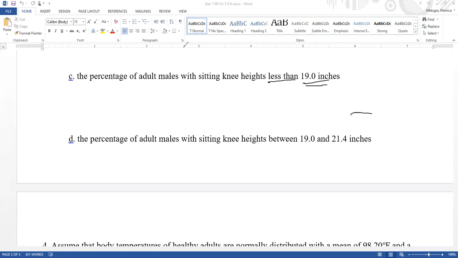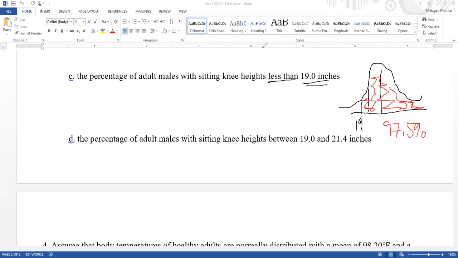So just a sketch to help visualize again. We knew that 19 was 2 standard deviations to the left. And in that last problem, we calculated that all of the data to the right of 19 was 97.5% of the data.